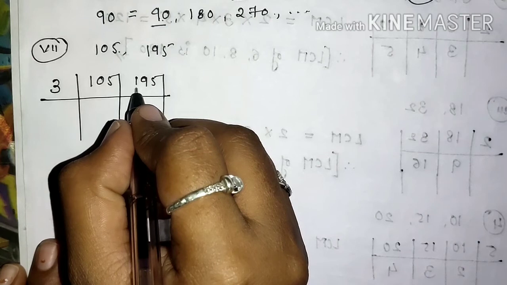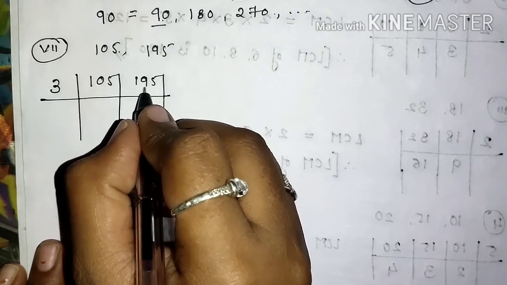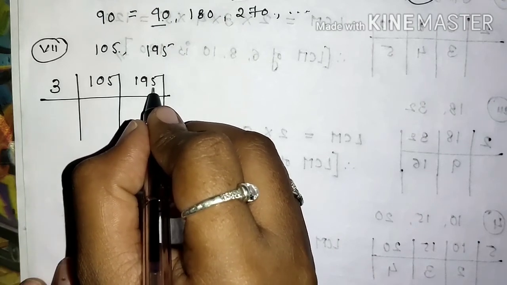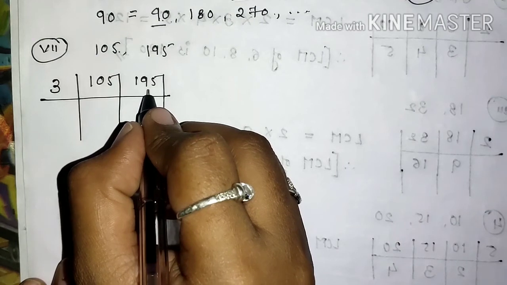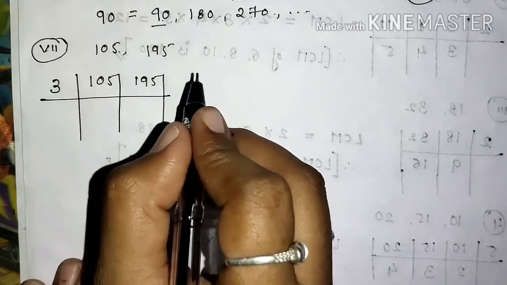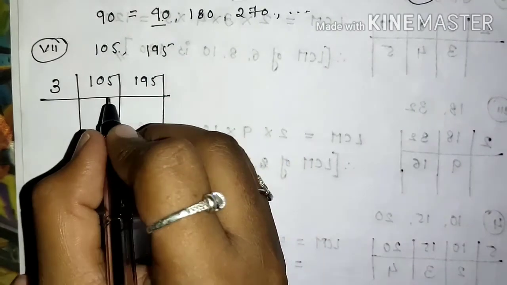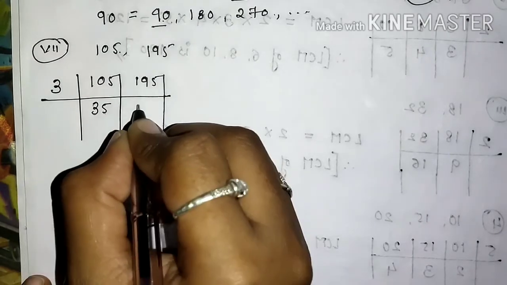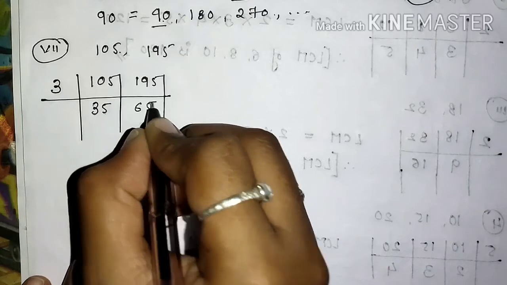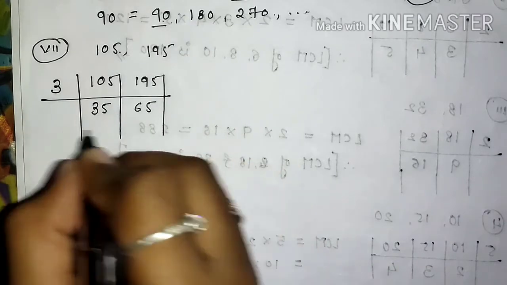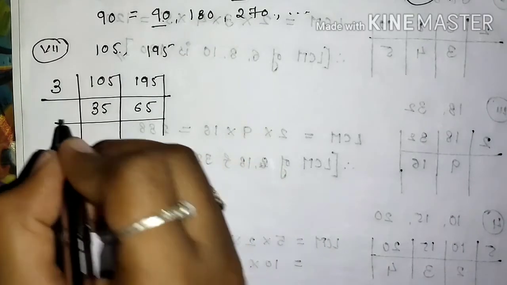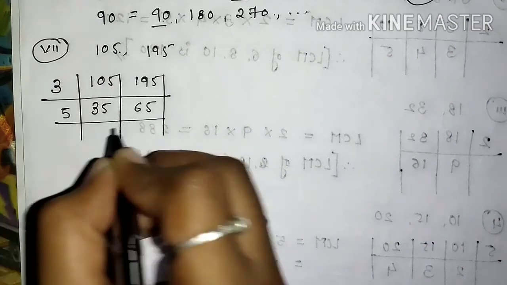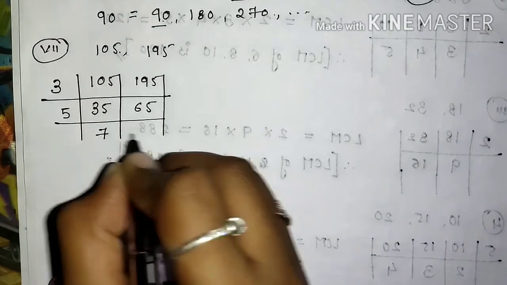Next, if I observe 195, 1 plus 9 is 10, 10 plus 5 is 15, 15 is divisible by 3, so 195 is divisible by 3. So after dividing 105 by 3, we get the answer 35. Here we get the answer 65. Next, 35 and 65 can be divided by 5. So we get 7 and 13.